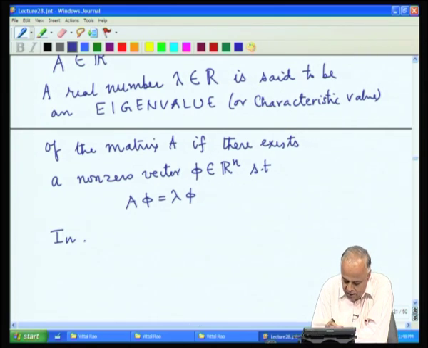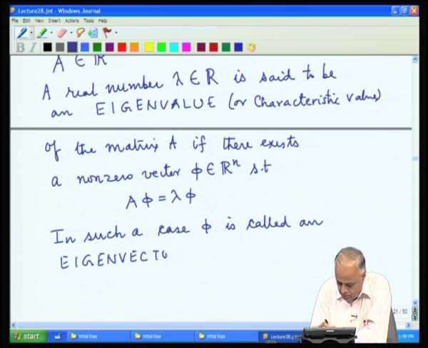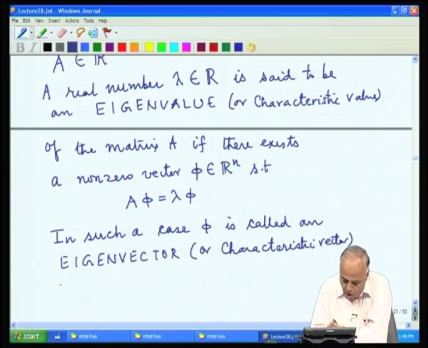In such a case, phi is called an eigenvector, or again characteristic vector, of the matrix A corresponding to the eigenvalue lambda.